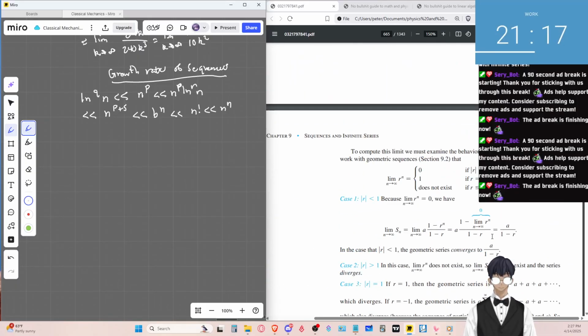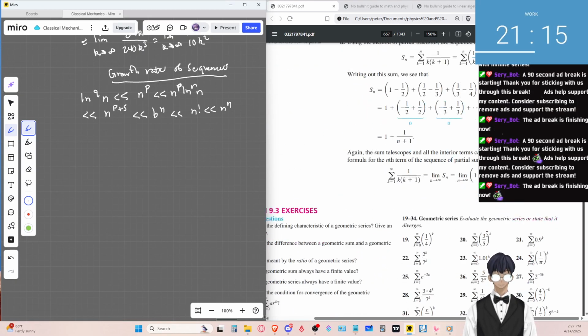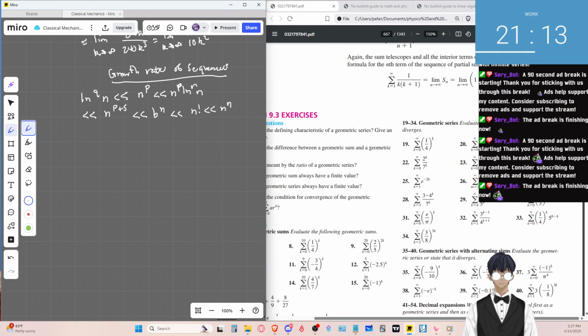Alright, so let's see if we can do some problems then. Evaluate the geometric series or state that it diverges. So in this case k, if it's less than 1, then it converges. So in this case we got 1 over 9, so this is a geometric series.